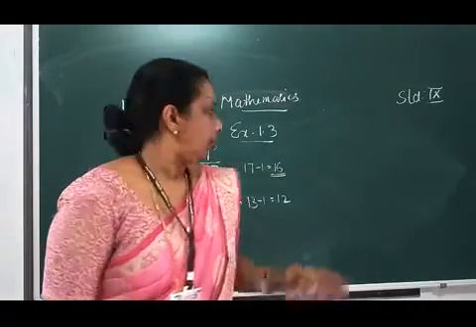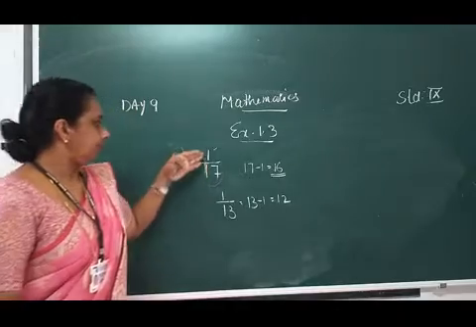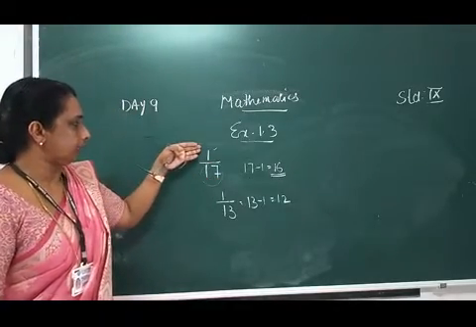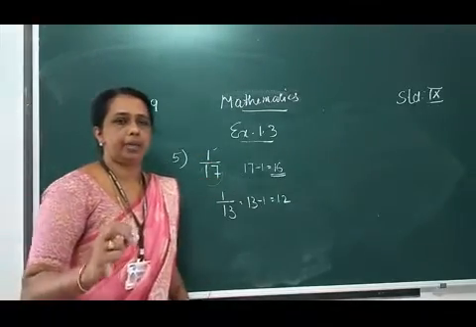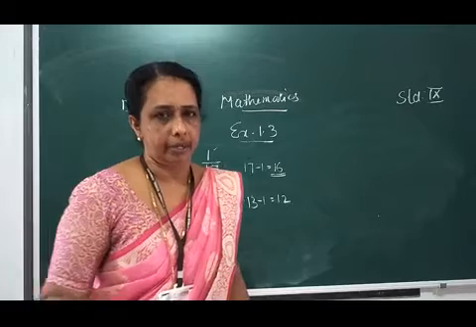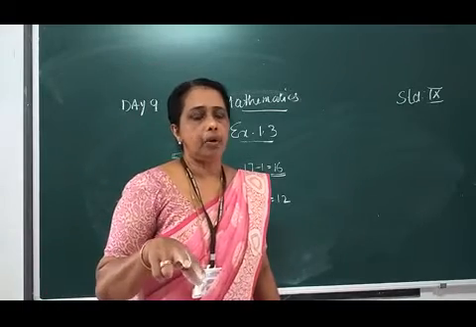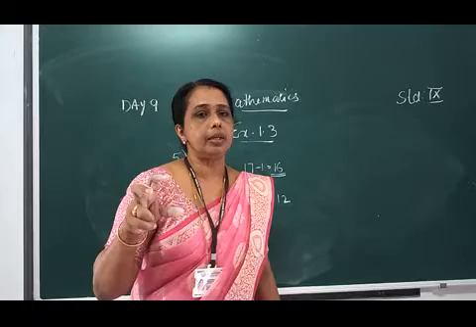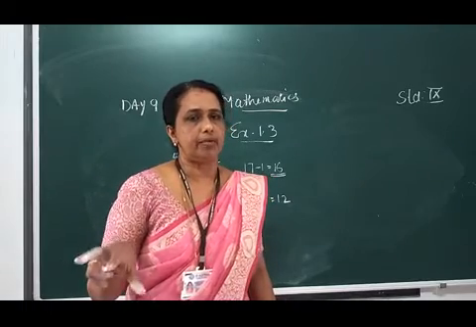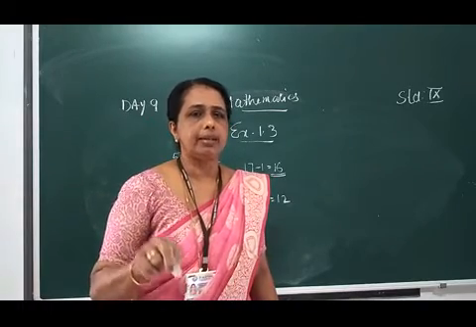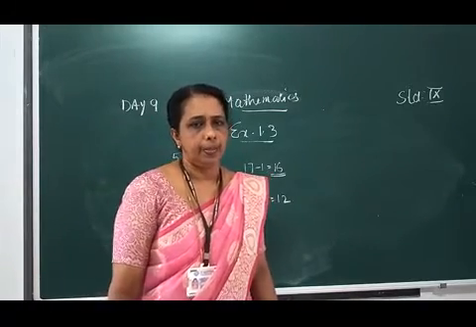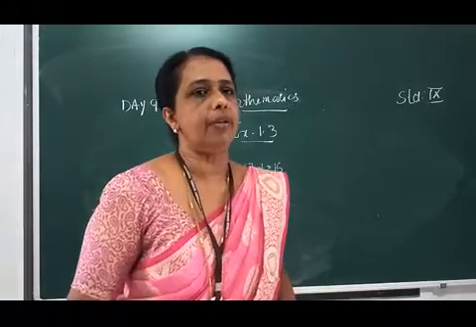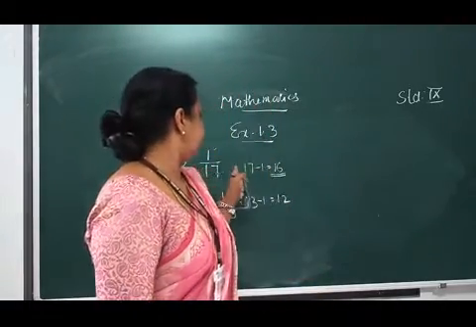Okay. This way we can find out that if the given rational number has numerator 1 and the denominator is a prime number except 2 and 5, then the number of digits repeating in the block can be found as the denominator minus 1. That way we can easily find out. Then you have to check whether this is correct or not.